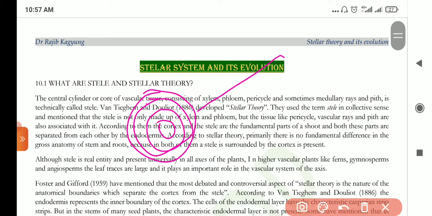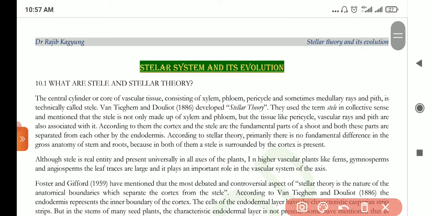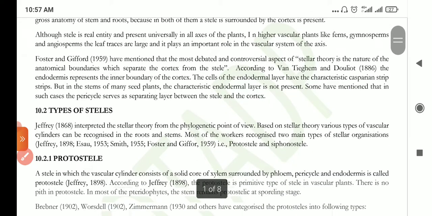Let's say these are a group of cells that we call leaf trace, meaning from this group of cells it will reach the midvein of the leaf and will give rise to the leaf. So this is what the sentence means. Now let's look at the next paragraph. I think this much is done.